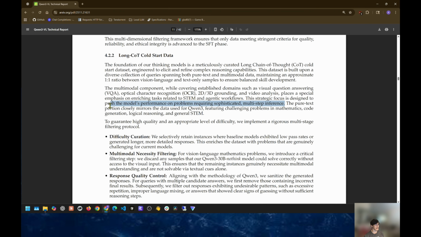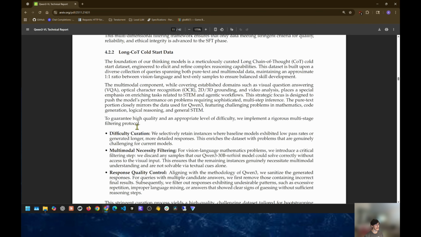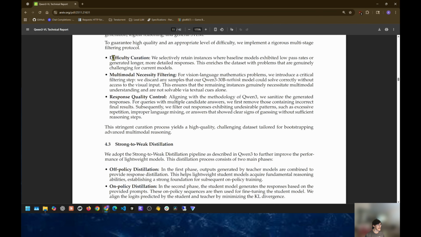The pure text portion closely mirrors the data used for Qwen3, featuring challenging problems in mathematics, code generation, and logical reasoning in general STEM. To guarantee high quality and an appropriate level of difficulty, we implement a rigorous multi-stage filtering protocol.